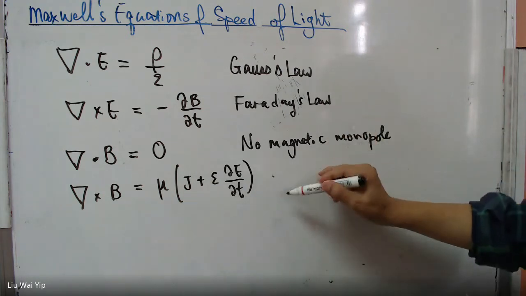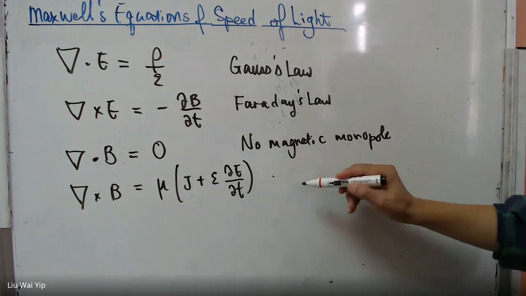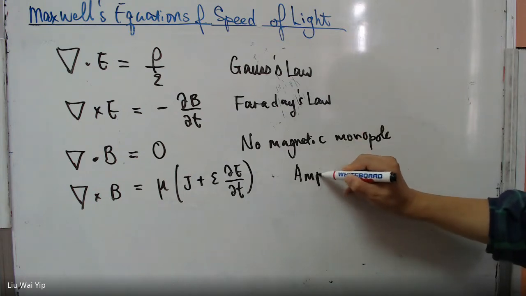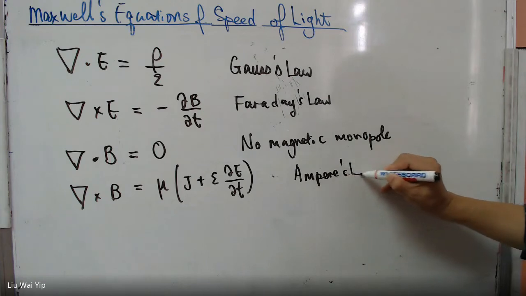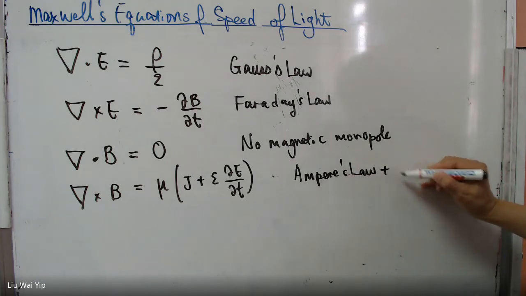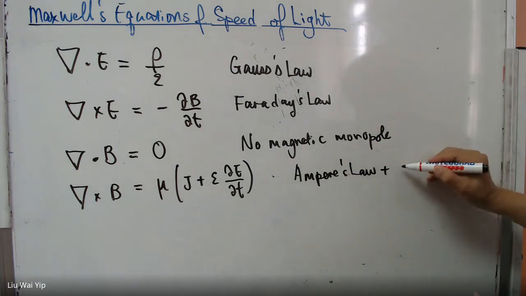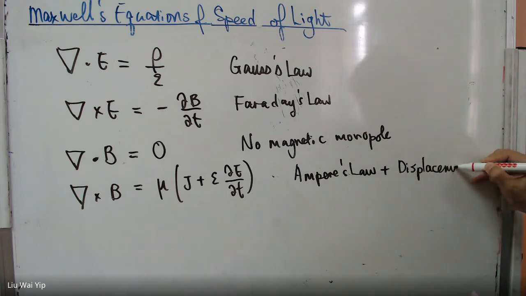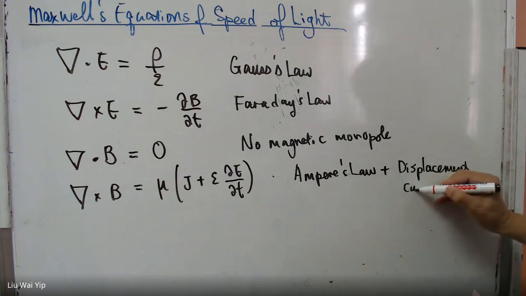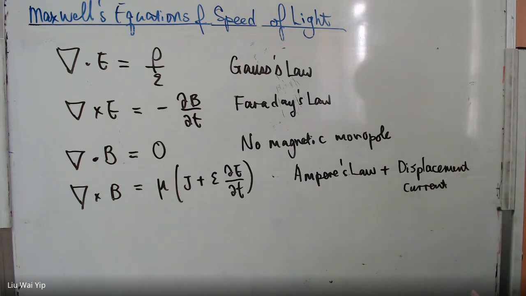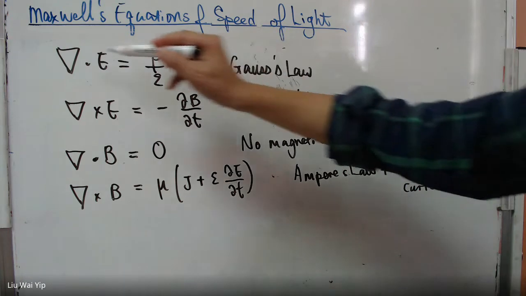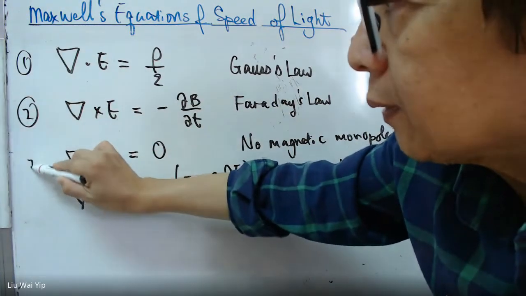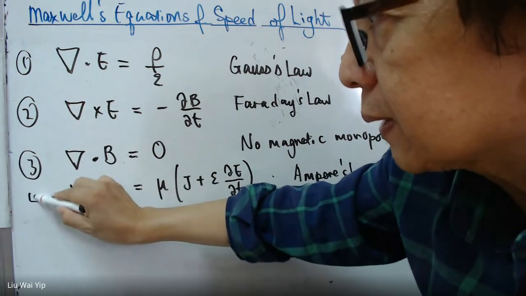So in other words, the last equation here is due to Ampere's law and Maxwell's displacement current. So we have 1, 2, 3, and 4. Let's label them first.